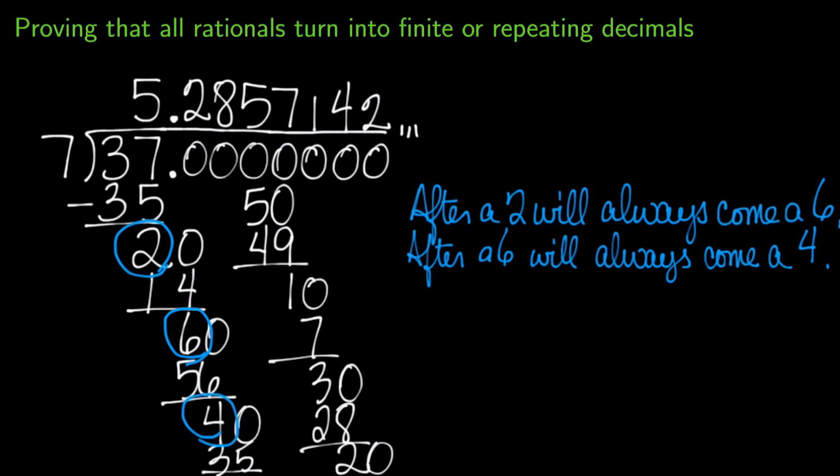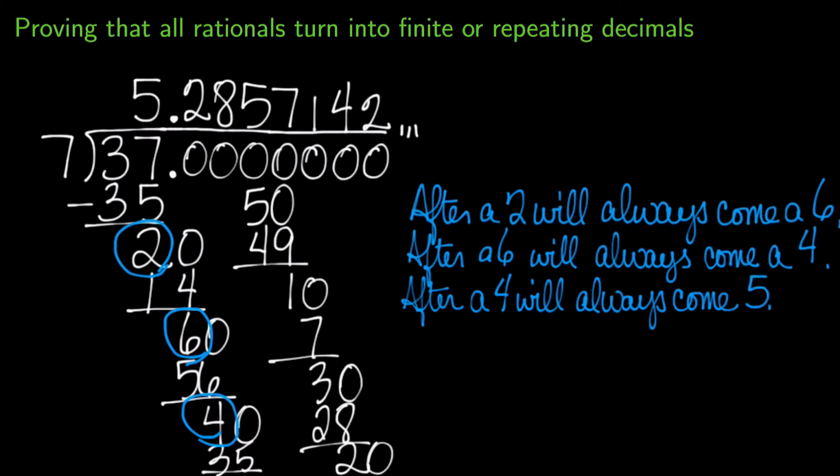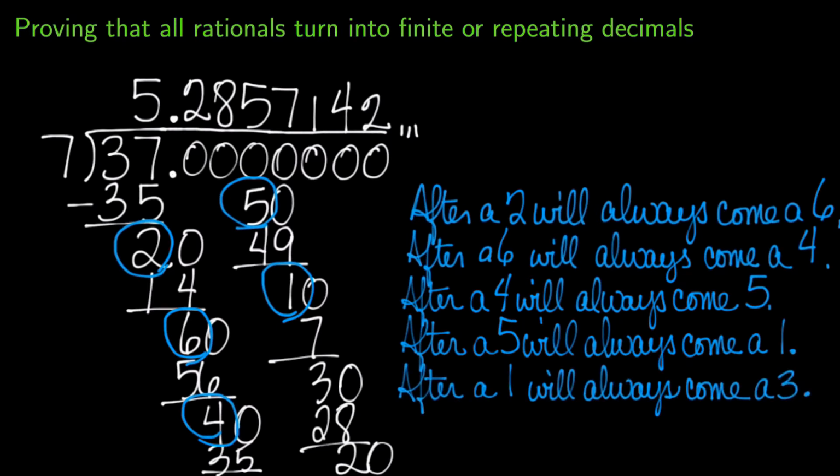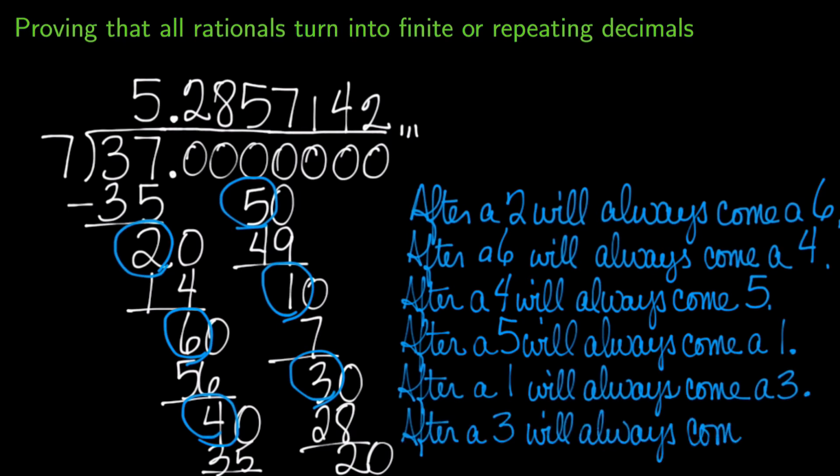That's always going to happen. After the 4, you're always going to get a remainder of 5. And after the 5, always a 1. After the 1, always the 3. And then after the 3, always the 2. So that's another way of looking at this pattern of 6 digits. The remainders repeat, therefore the digits that are up here will repeat.